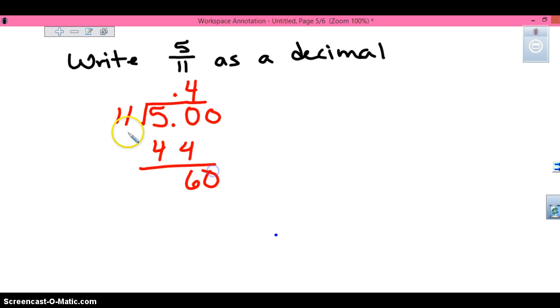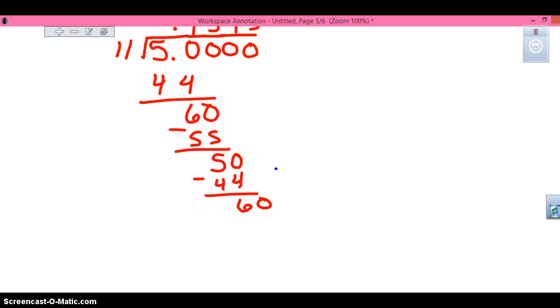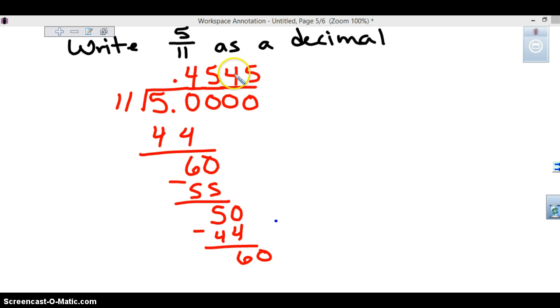Down to 0. 11 goes into 60, 5 times. 60 minus 55 is 5. 11 goes into 50, 4 times. 11 goes into 60. Do you see something going on? So what's being repeated?